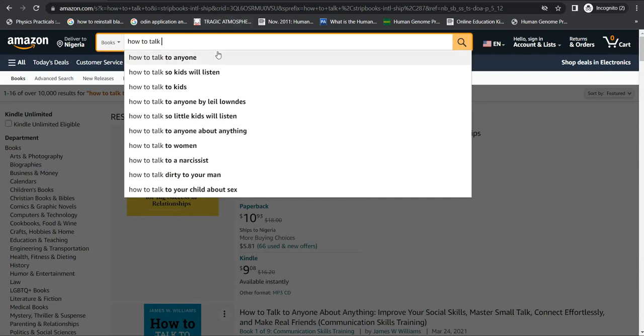Where you use possible keywords, as I said initially, is when you are entering a very new niche that is not so known, but has potential of making sales based on the demand for the niche. Then you can create your own keywords, because these keywords here were created by people. So just be like, okay, I'm working on a book on how to talk to anyone, and there's no keyword for it.